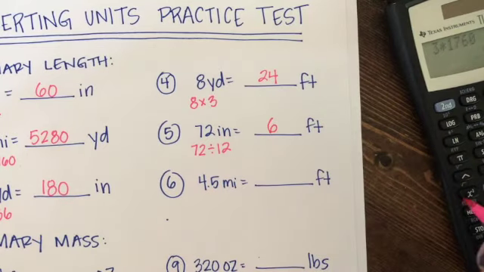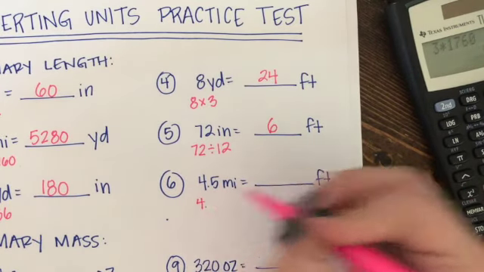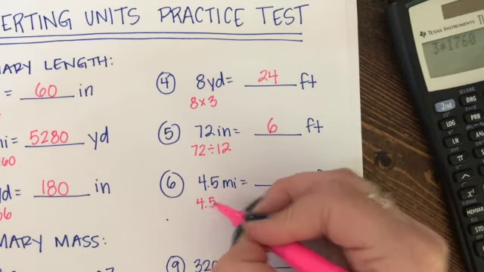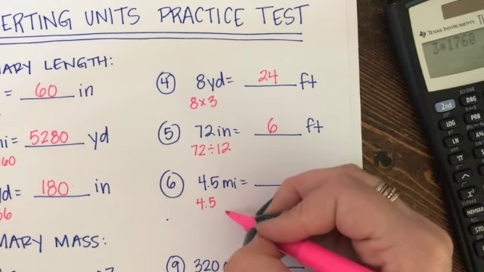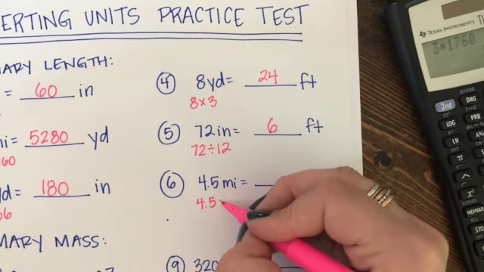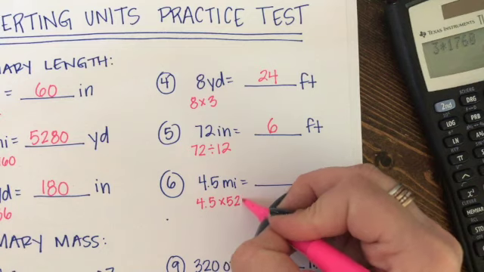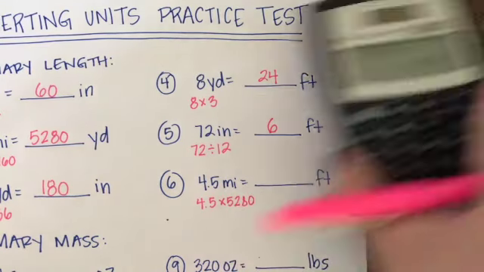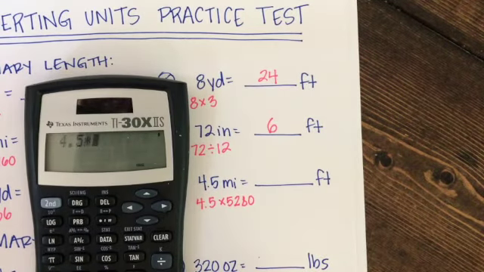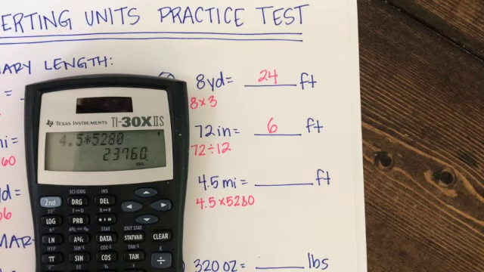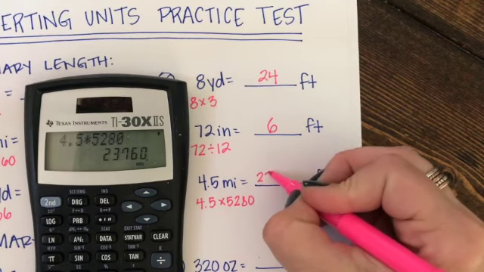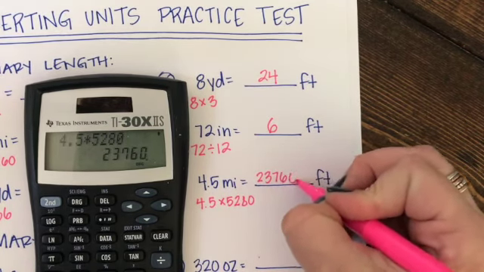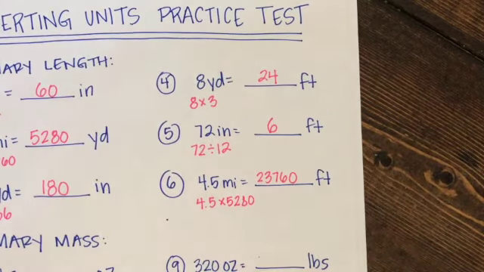And then this last one, 4.5 miles equals how many feet? So 4.5 miles, 1 mile is 5,280 feet. So 4.5 times 5,280 is 23,760 feet.